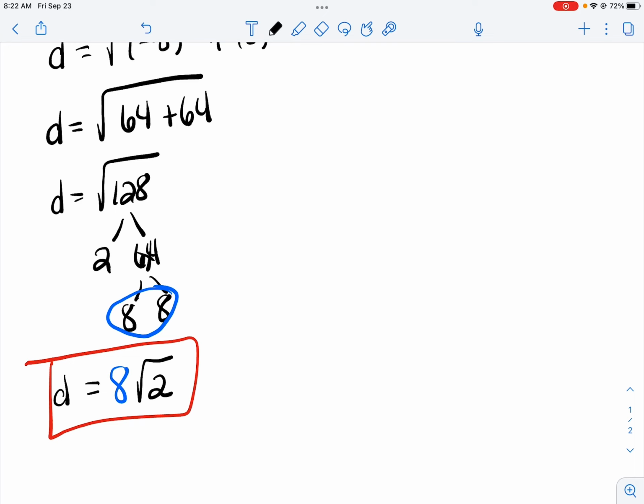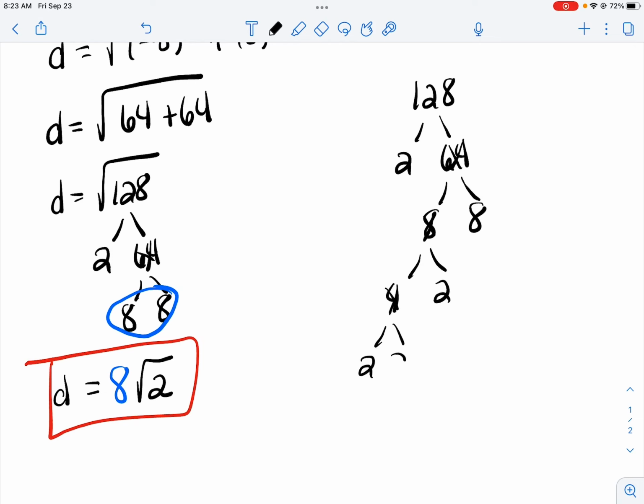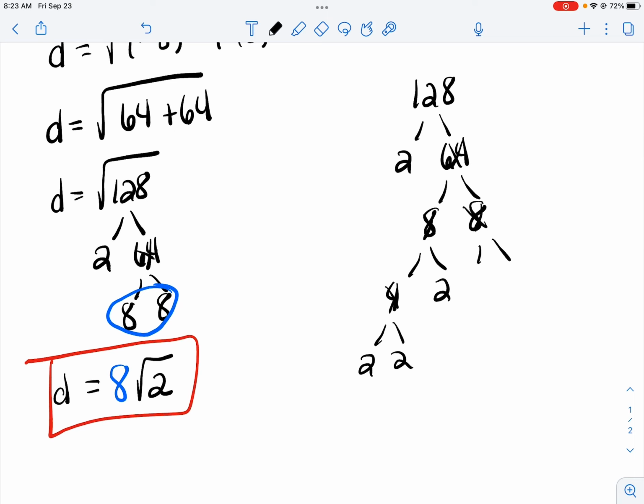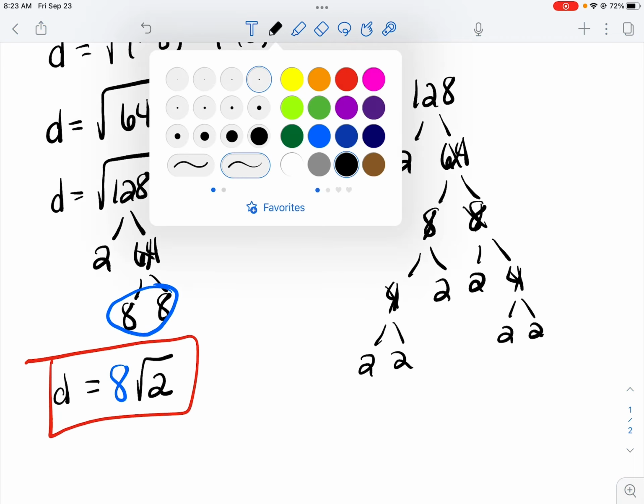Now, by the way, most of the time when I'm simplifying roots and I make my factor tree, I do break my number down into prime numbers. So 64 is 8 times 8, 8 is 4 times 2, and 4 is 2 times 2. And I do look for those pairs.